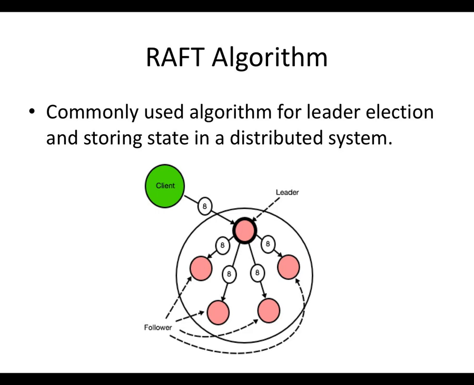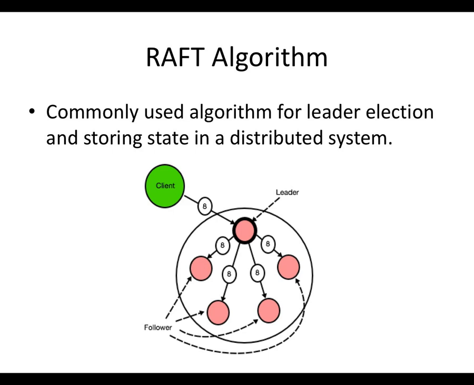The way that these servers elect a leader is using what's called the Raft algorithm. And there's actually a really interesting visualization online that I encourage you to take a look at after class at some point. I should have linked a URL to this because it's really cool. Just look up Raft visualization and you'll find it.